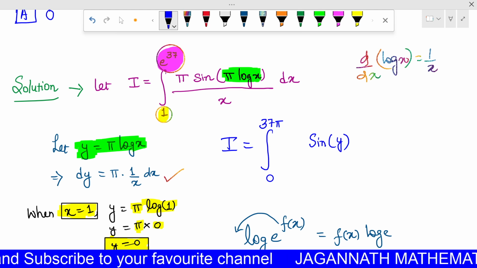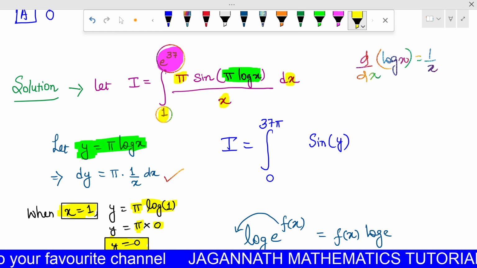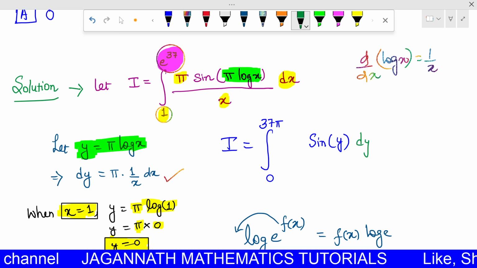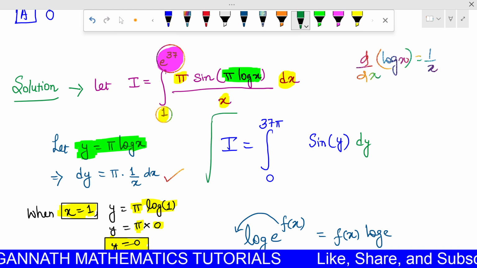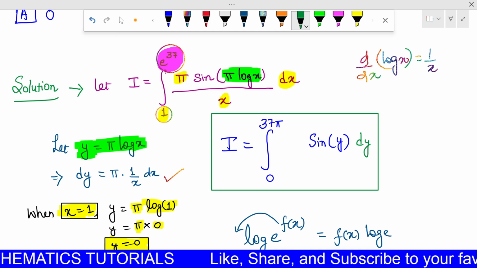And we have seen that pi by x dx is equal to dy. So this will change to sin y dy, right? Now we have to just evaluate the value of this integral and we can get our answer.